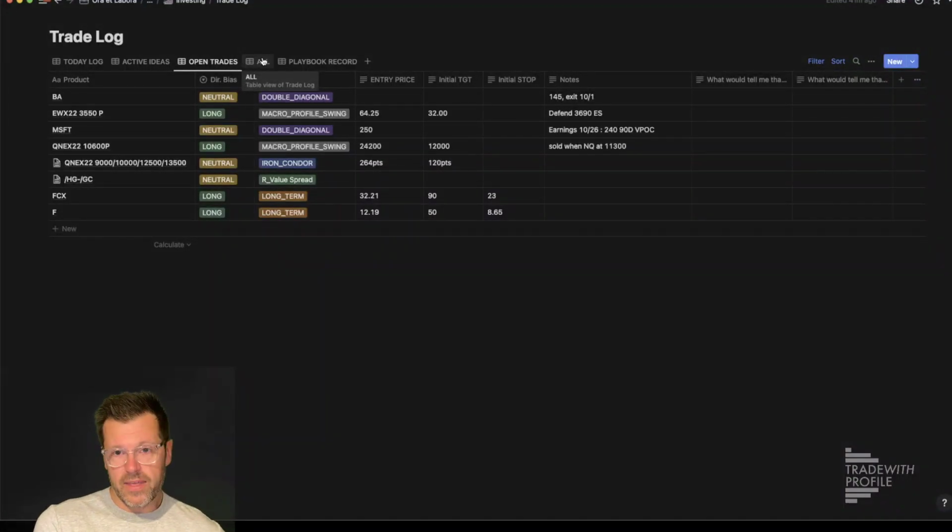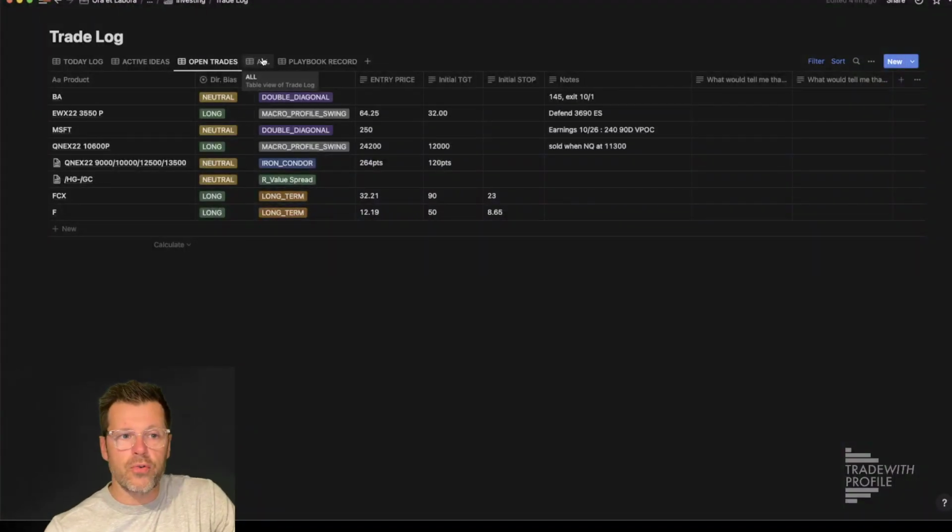One of them that was put on through the week was a double diagonal in Boeing. That was on earnings there, basically looking to arbitrage the volatility out of that one. Still long via the short 35.50 put in ES. That's looking great.